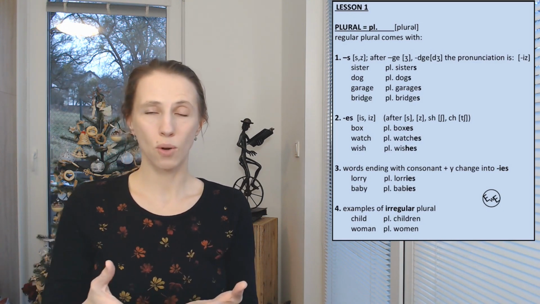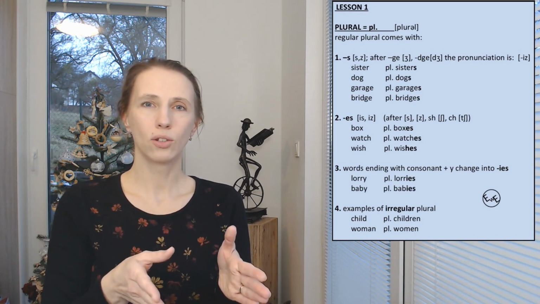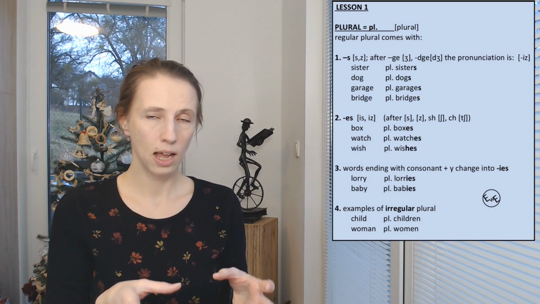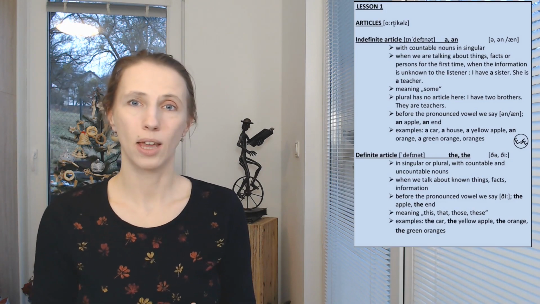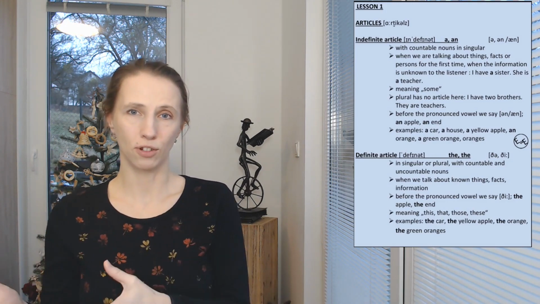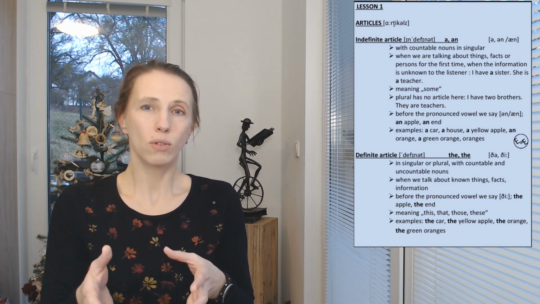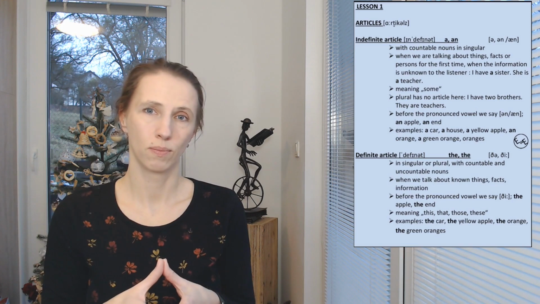And then we also have irregular plural. One child, two children. One woman, two women. As for the articles, we have definite and indefinite article. Indefinite article is only in singular with countable nouns.